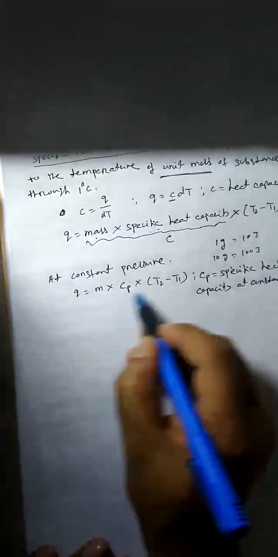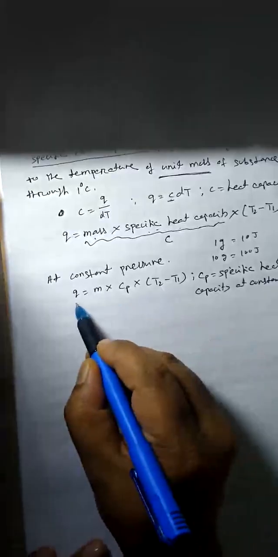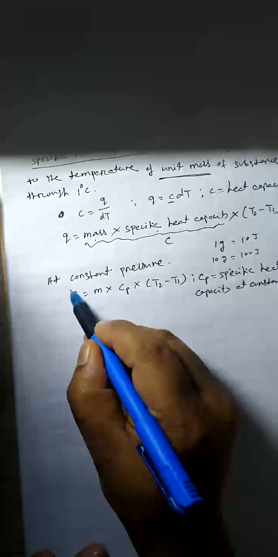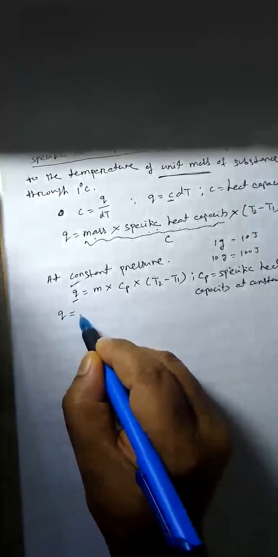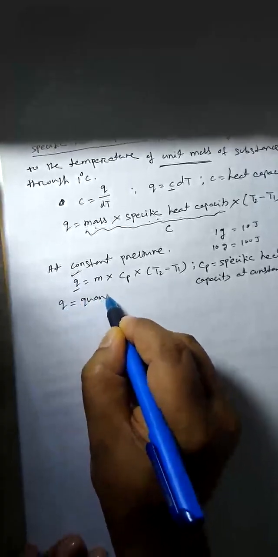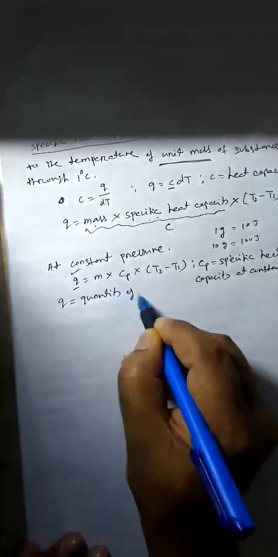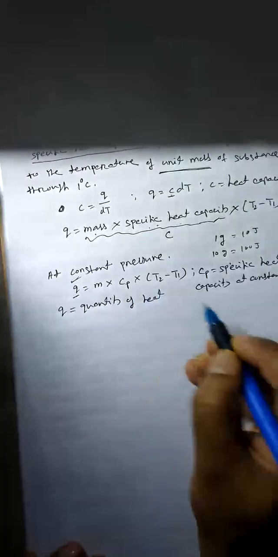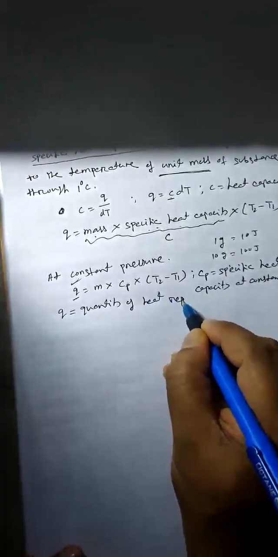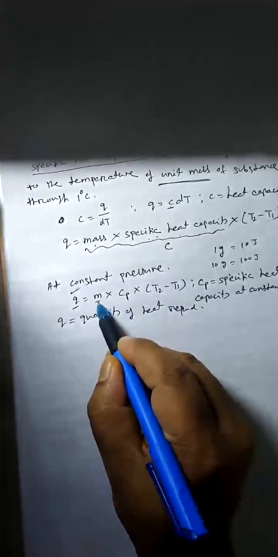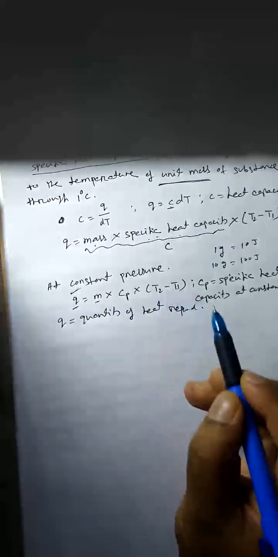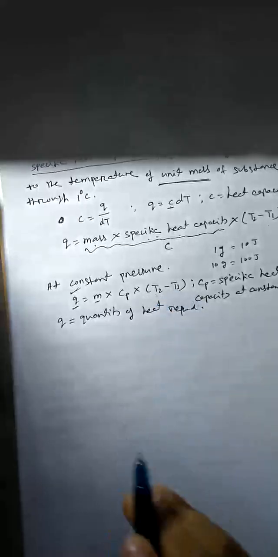This Q is the quantity of heat required to increase the temperature of the mass of the substance from T1 to T2, low temperature to high temperature.